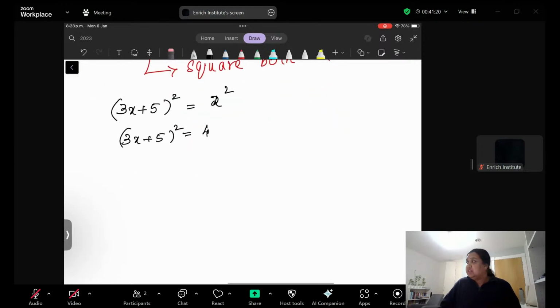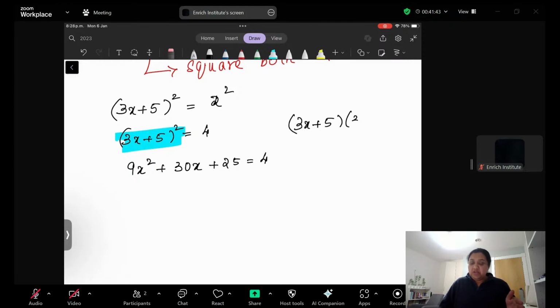I simplify this, which is going to be 9x square plus 30x plus 25 is equal to 4. Don't worry about the simplification, I'm just doing it with an identity. For you, you just write 3x plus 5 times 3x plus 5 and then multiply it together.